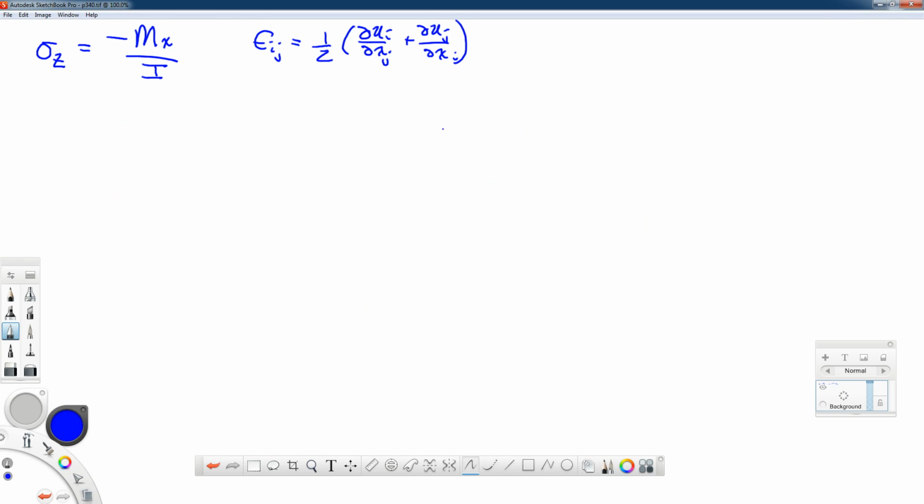Alright. So our stress-strain relations, since this is a uniaxial stress state, we're just going to use the traditional modulus of elasticity E and Poisson's ratio.